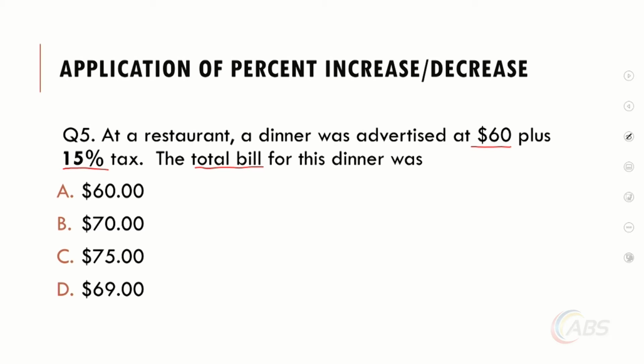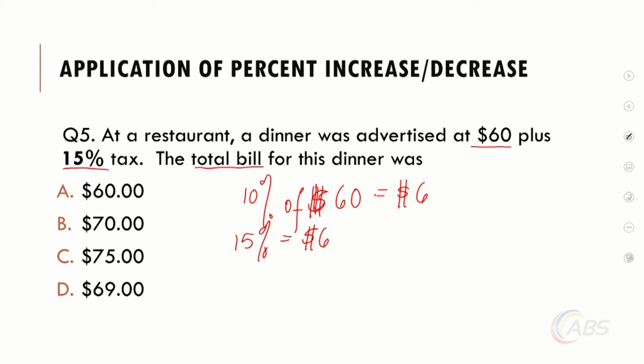So we'll start with 10%. So 10% of $60 is $6. Now that we have 10%, we can find 15%, because 15% is a combination of 10% and 5%. So 15% would be our 10%, which is $6, plus our 5%, which is, if we divide $6 by 2, we would get $3.